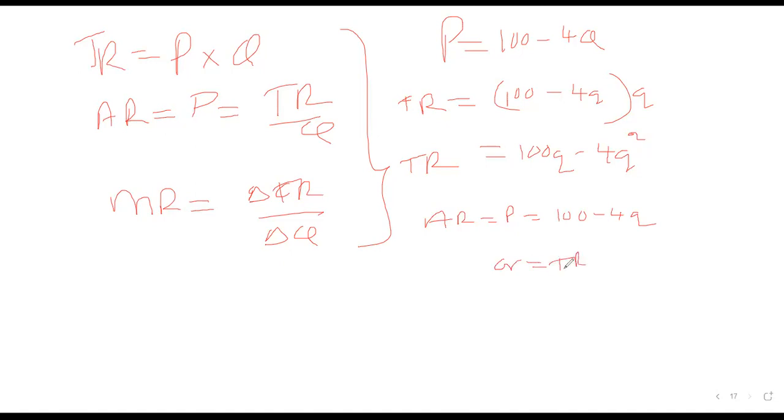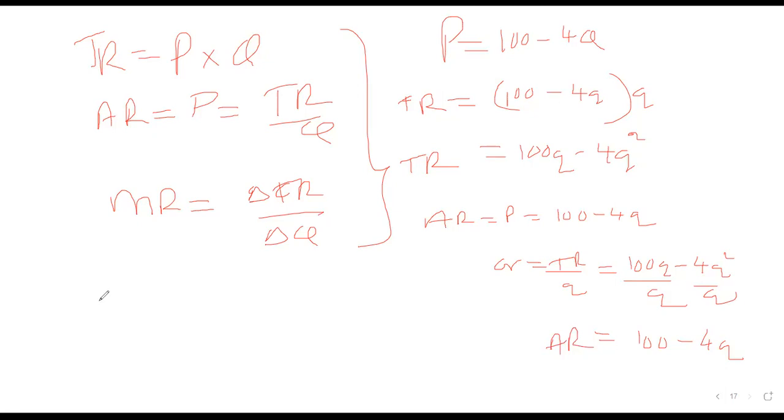You divide both sides by Q. This will just give you 100 minus 4Q. So this is called our average revenue.